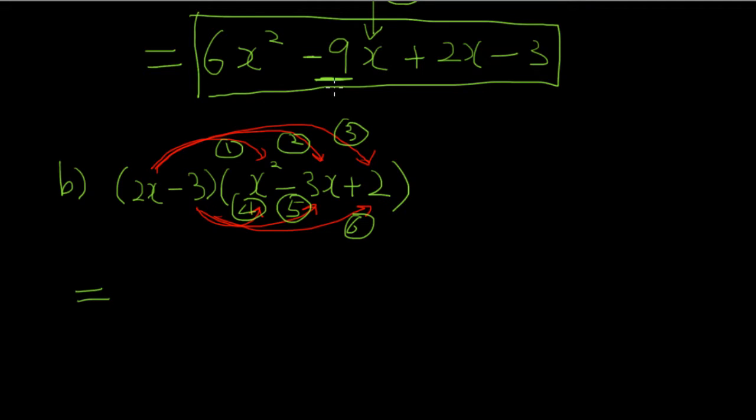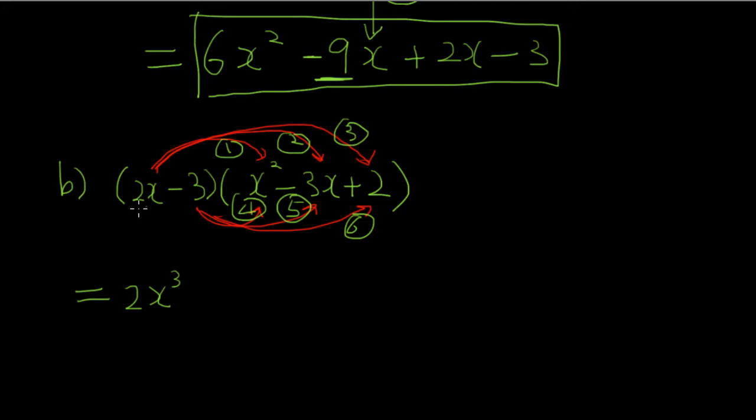Okay, so 2x times x squared. Now let's take our time. 2x times x squared. So it'll be 2. We have x times x squared. That's right. This would be x to the third. And 2x times negative 3x.